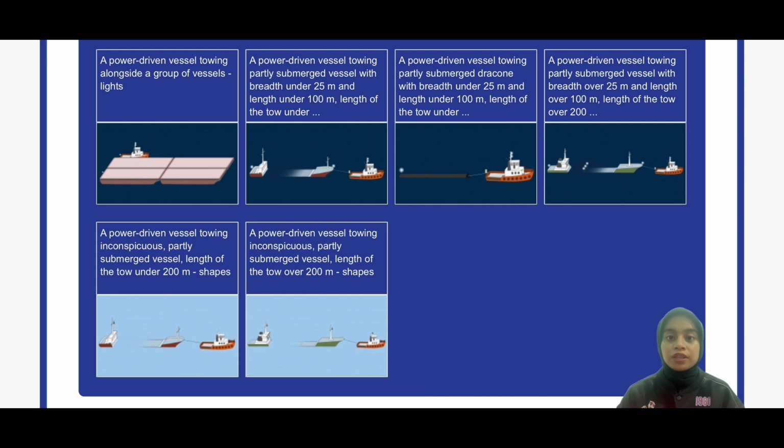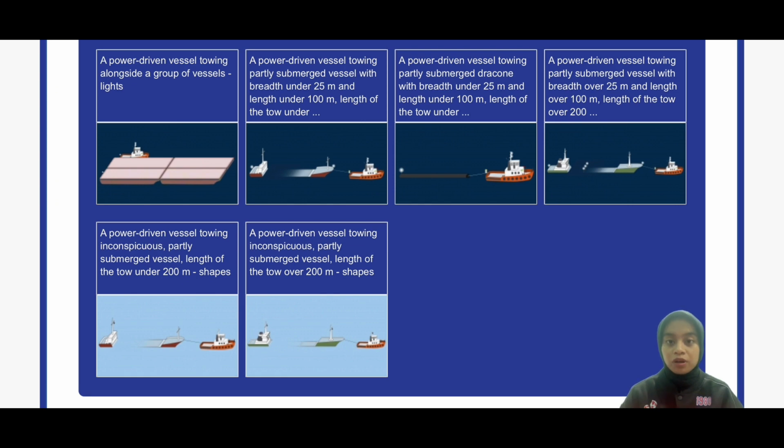If it is 25 meters or more in breadth, two additional all-round white lights at or near the extremities of its breadth. If it exceeds 100 meters in length, additional all-round white lights between the lights prescribed in subparagraphs 1 and 2, so that the distance between the lights shall not exceed 100 meters.